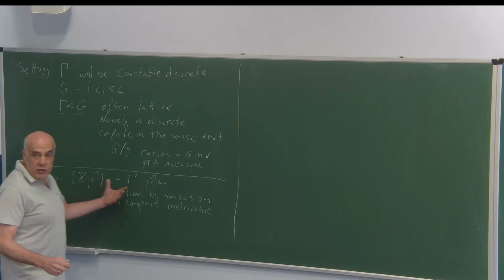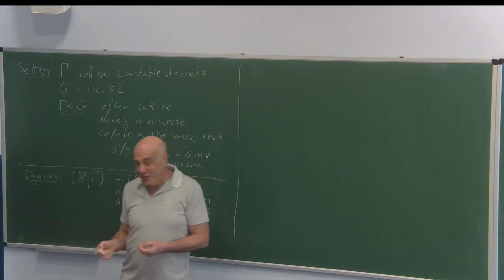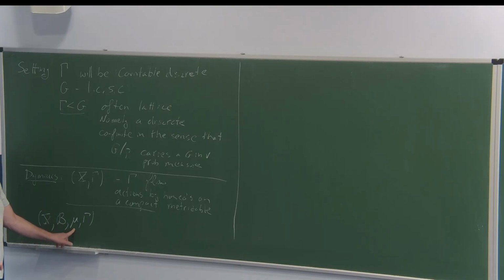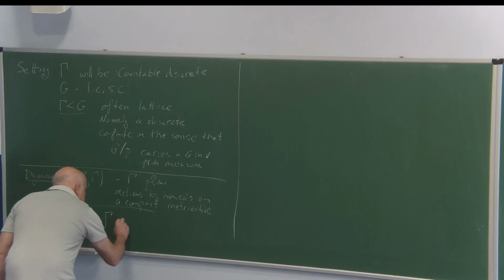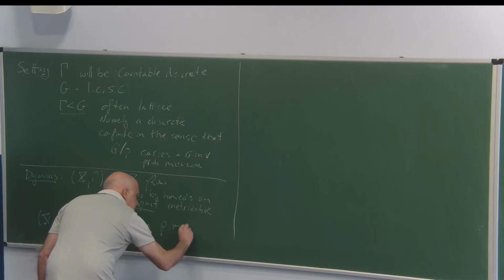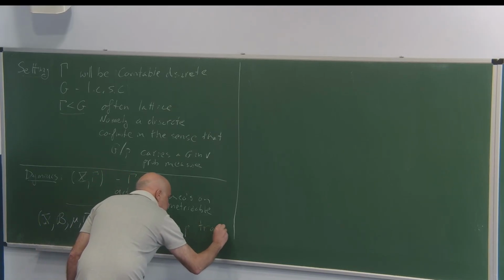This is what is called topological dynamics. I'll also talk about measurable dynamics, where X is a standard Borel probability space, and gamma acts on it by probability measure preserving transformations.